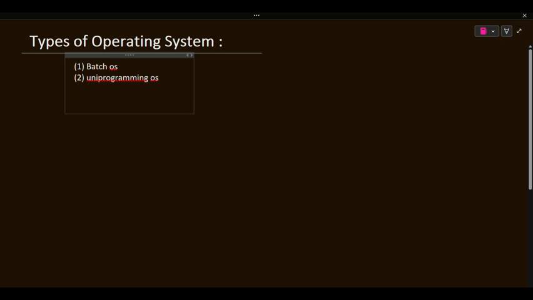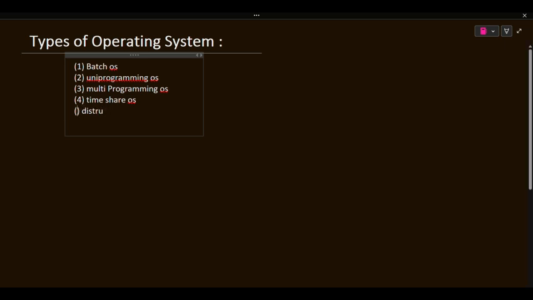The third one is multi-programming OS. And the fourth one is time share operating system. Fifth one is distributed.